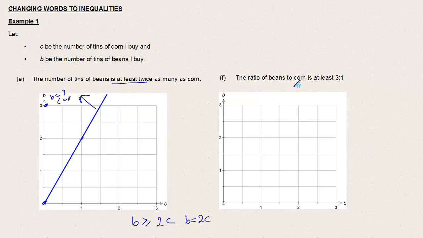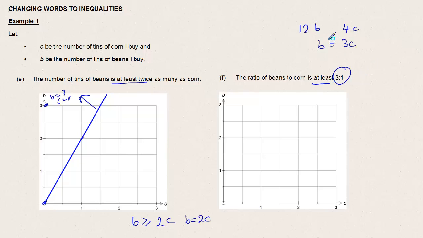The ratio of beans to corn is at least 3 to 1. So let's worry about it being exactly 3 to 1 to start with. That means that we could have things like 12 lots of beans and 4 lots of corn. So beans are 3 times the number of tins of corn.